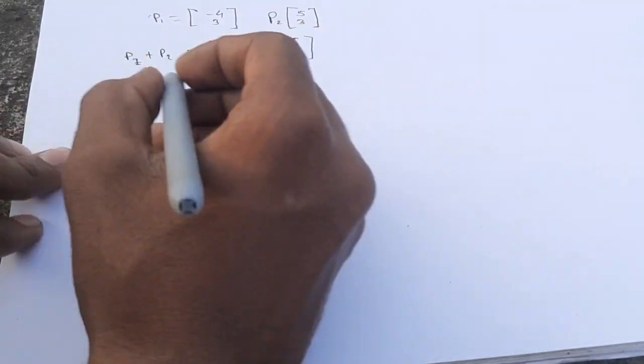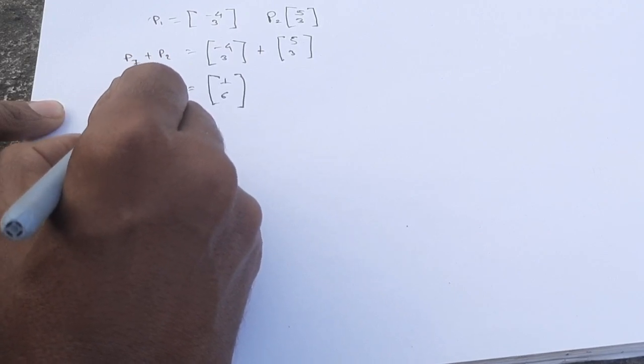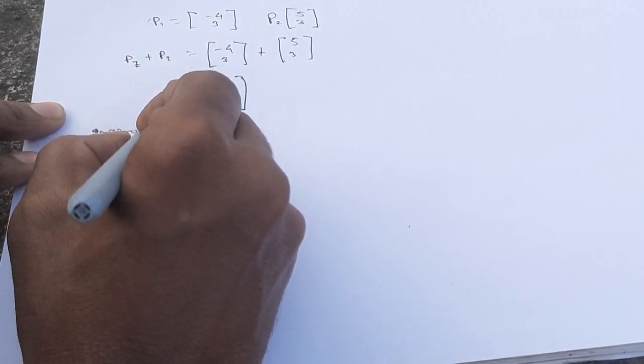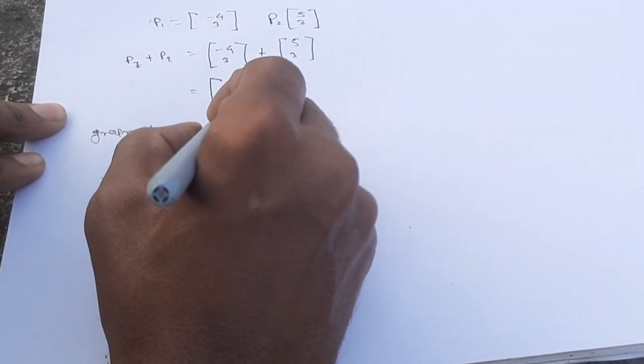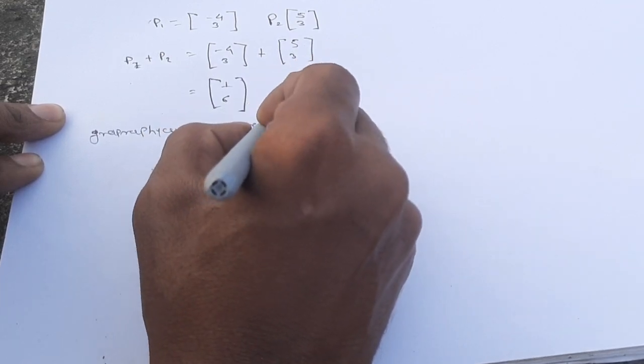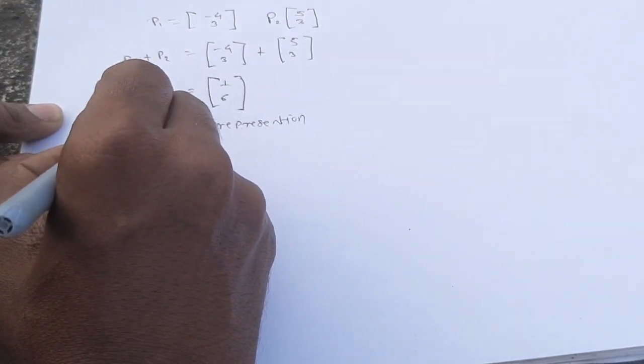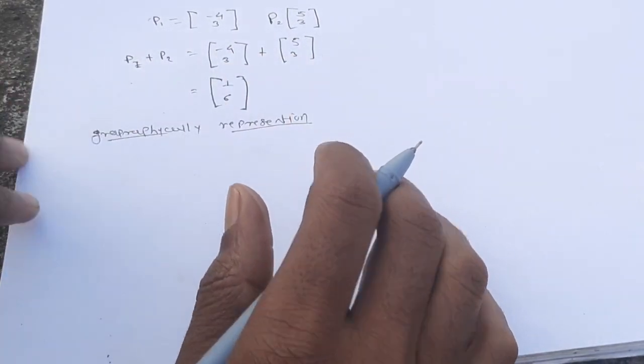And then we talk about the graphical representation of addition of two vectors.